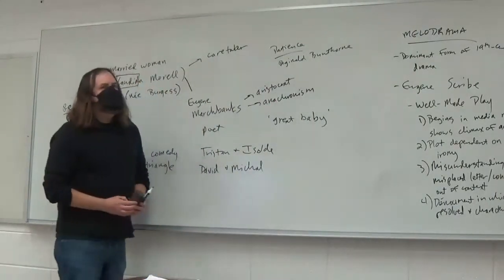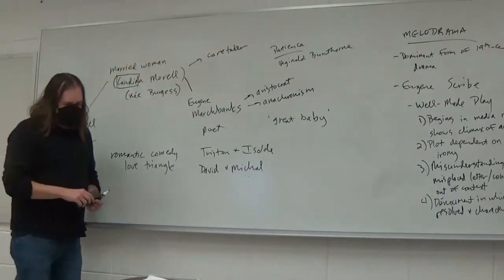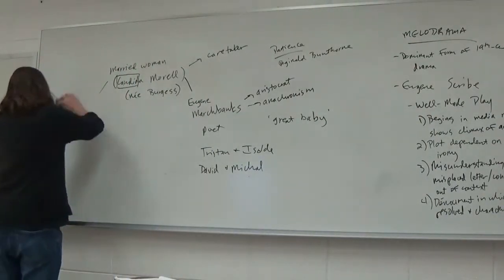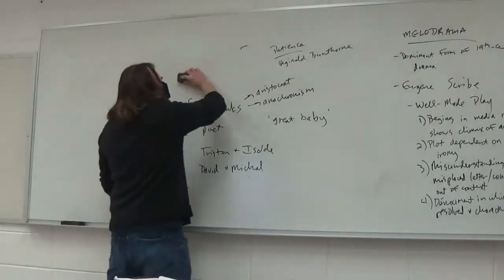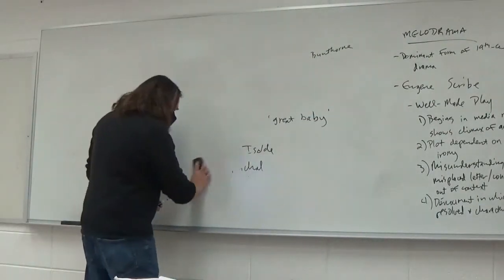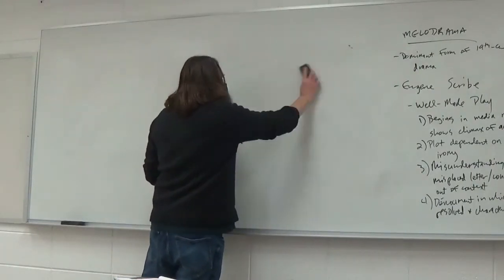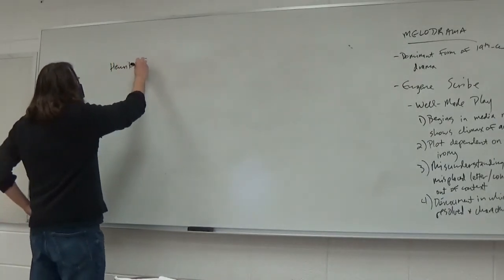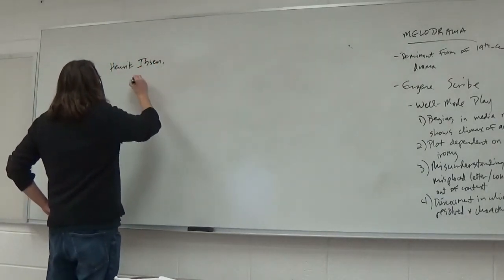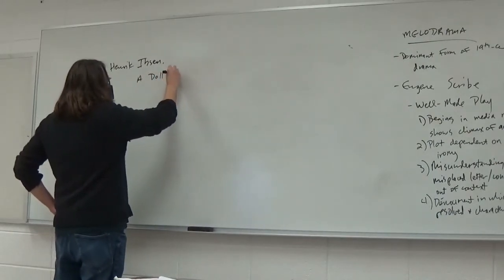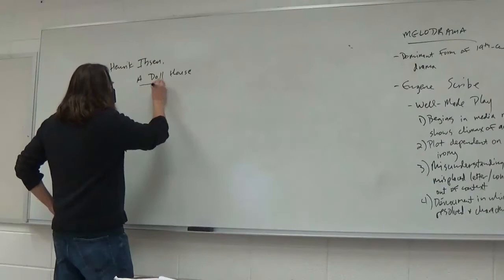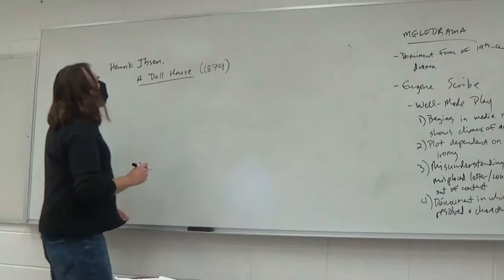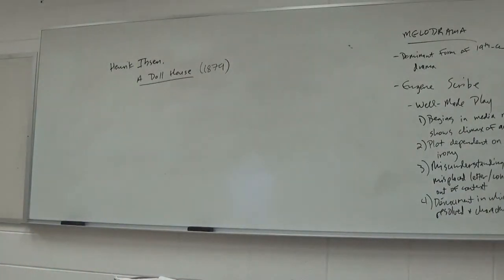Now, this all kind of comes crashing down in 1879, when a Norwegian playwright by the name of Henrik Ibsen, who was at this point already established with a couple of dreamlike fantasy plays, like Peer Gynt, premieres his new play, A Doll's House.